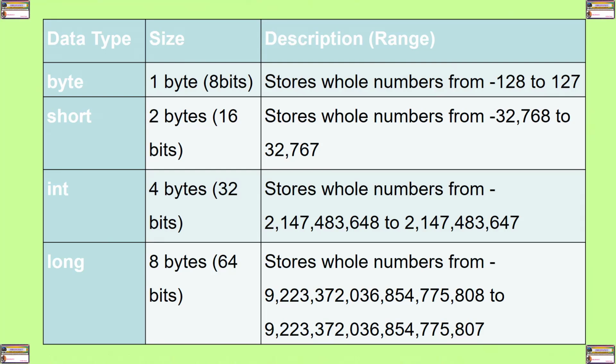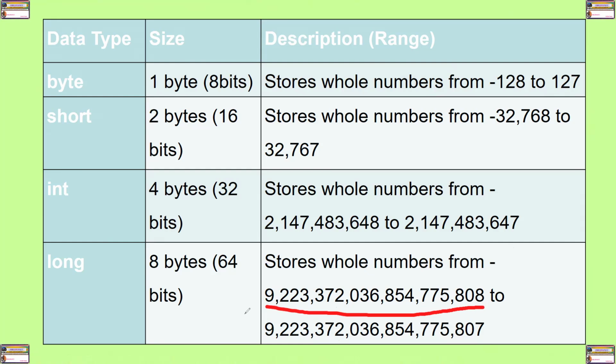A huge memory that will accommodate a very huge number, as you can see in this example of mine, that long stores whole numbers from, you can see that range, very big. I may not even be able to pronounce it, but as you can see, it is a very, very long number.